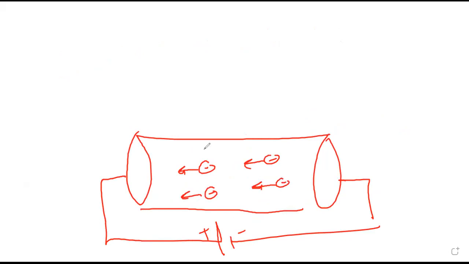Earlier they were in random motion. Now they will try to align themselves in one particular motion, that is towards the positive terminal of the battery. During this motion, the fixed ions are not moving. So will these electrons collide with them during their motion?